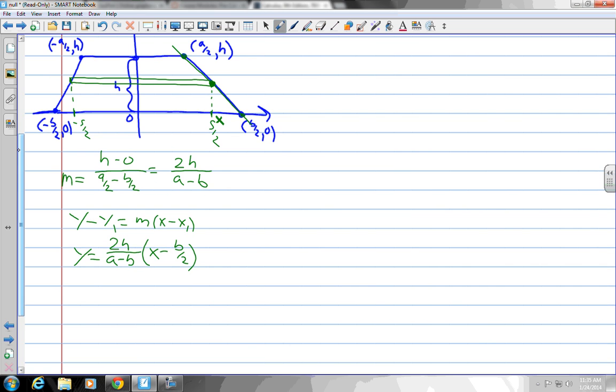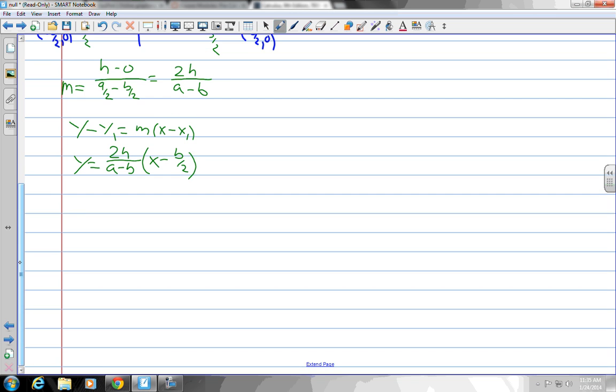So I can solve for x. So if I solve for x, I can just flip the slope to the other side. So this is a minus b over 2h times y equals x minus b over 2. So solve for x. x equals a minus b over 2h times y plus b over 2.